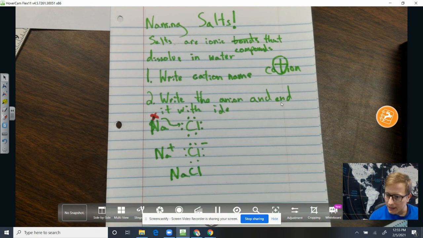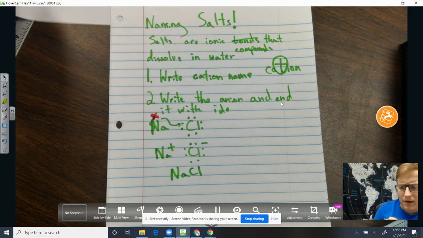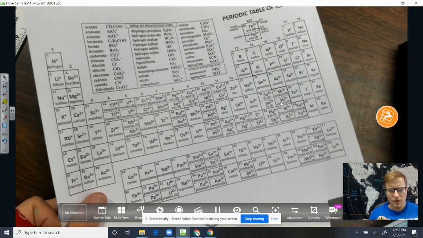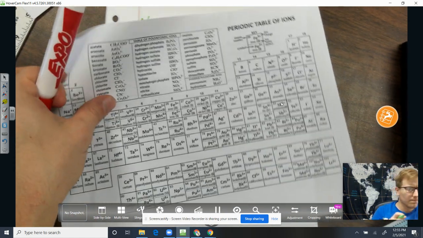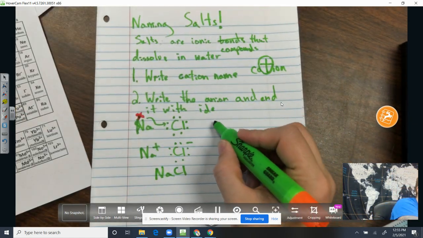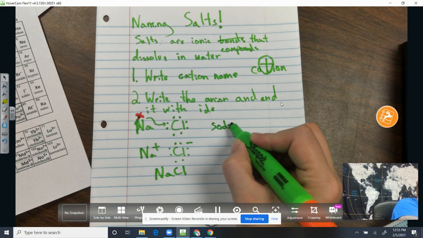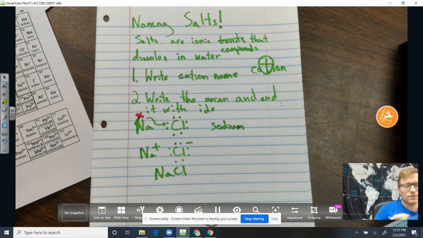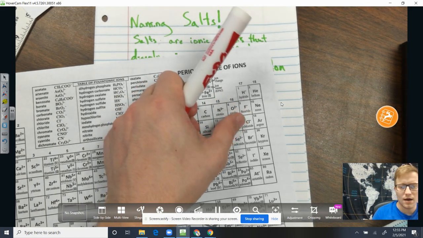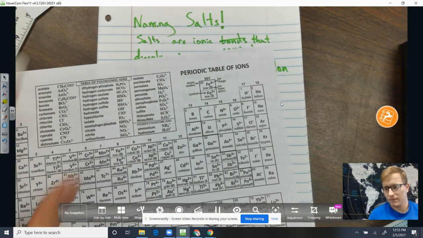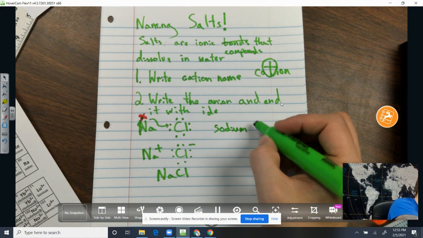Now how do we name it? Well, we go to our periodic table. We go, okay, Na, ooh, it's called sodium. Let me put sodium here. Go here and say, okay, chlorine, it's chloride.